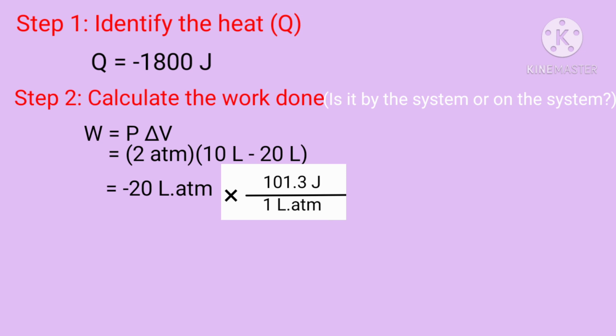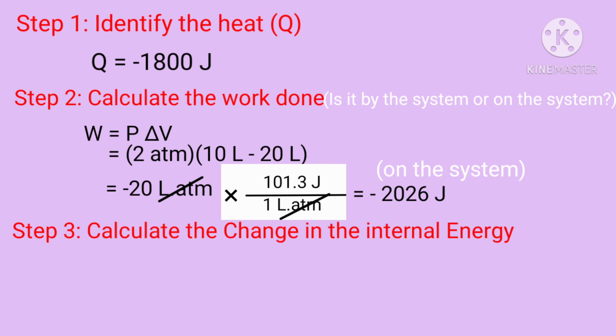So this will be negative 2,026 joule. The result is negative, which means that the work is done on the system. Step 3, calculation of the change in internal energy.